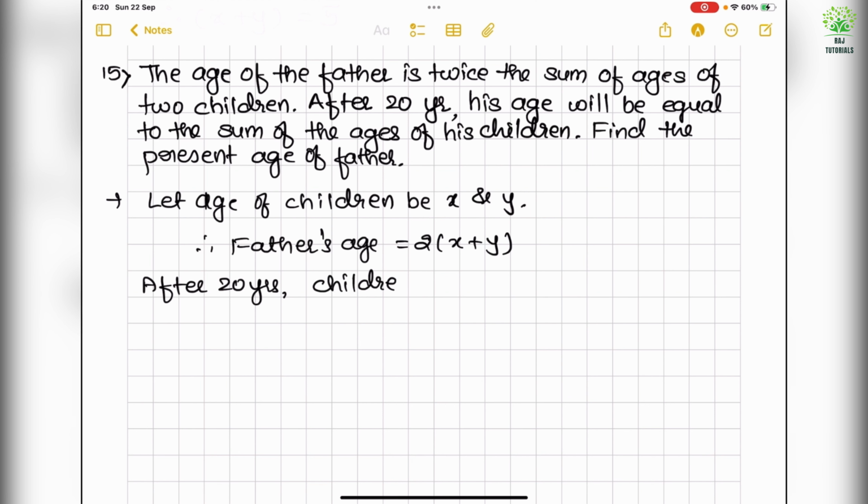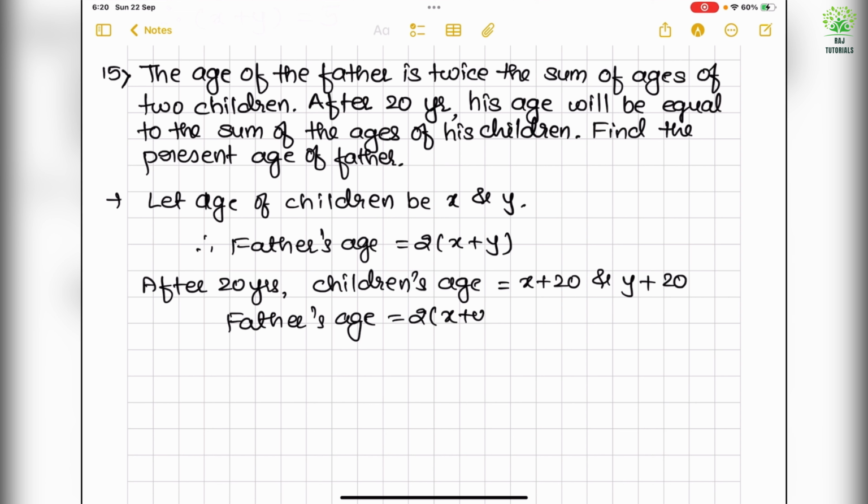Now, after 20 years, children's age will be, both will have increased with 20 years, so x plus 20 and y plus 20. So, father's age will be, it was 2 times x plus y, and in that it will increase 20 years.